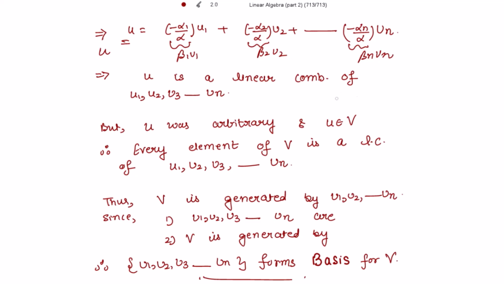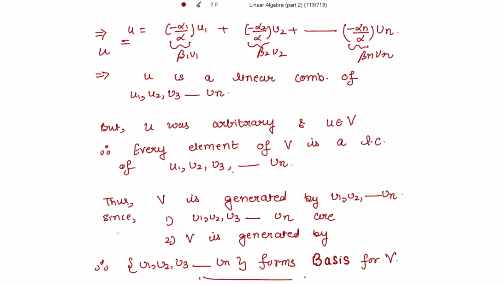So u is a linear combination of these vectors. U was arbitrary and u also belongs to V, which means every element of V is a linear combination of u1, u2, u3, un. This is what we need. If every element of V is a linear combination of these, which means V is generated by u1, u2, un.